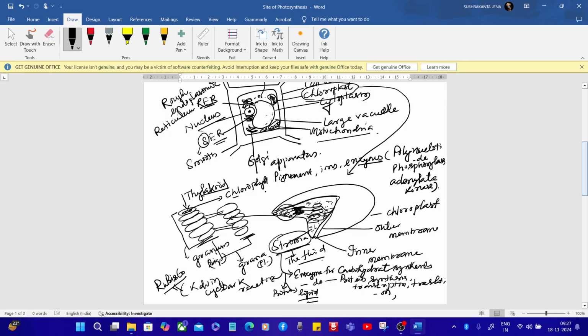So this is the site where the chlorophyll pigment is present and the photosynthesis process occurs, where light energy is converted into chemical energy. The details of this photosynthesis process will be discussed in another video. Thank you.